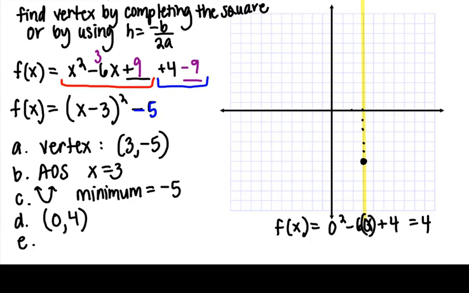And we have our x-intercepts. The x-intercept is the value of x when y is 0. So we have 0 equals x squared minus 6x plus 4. This is not factorable, so we have to use the quadratic formula. X equals the opposite of b plus or minus the square root of b squared minus 4ac all over 2a.